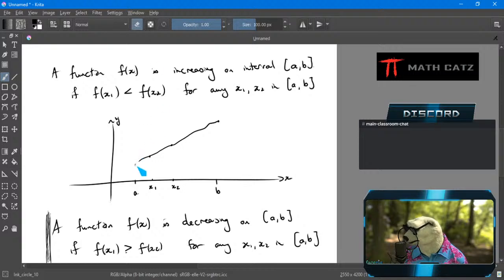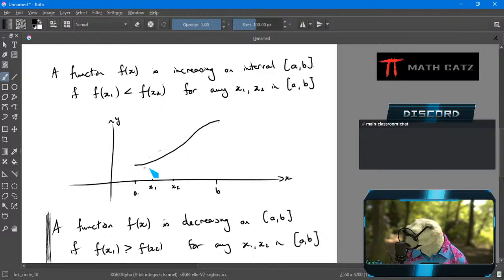There could be many different versions of going uphill, of having a function be increasing. For example, I could go really slowly and then increase and get steeper and then maybe slow down again. Lots of things can happen.